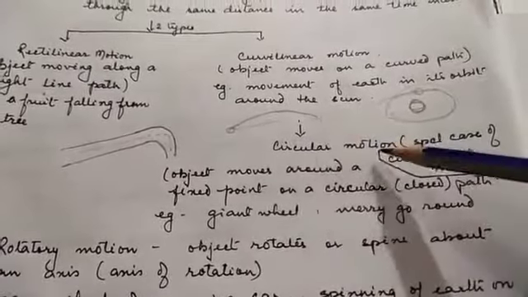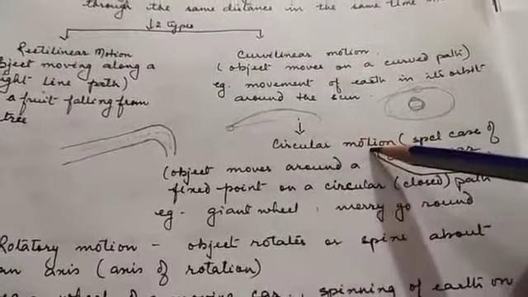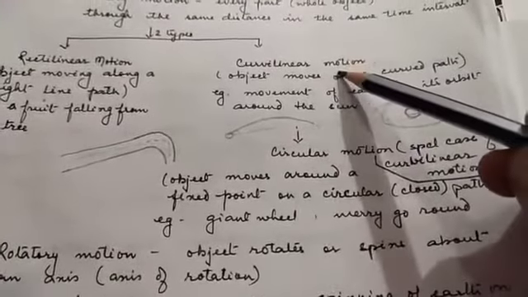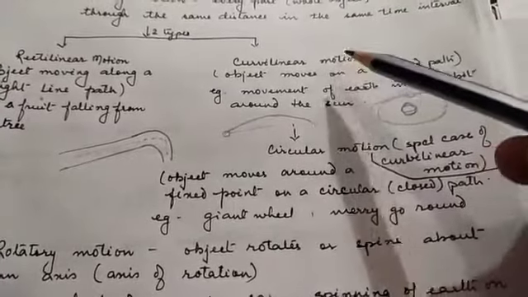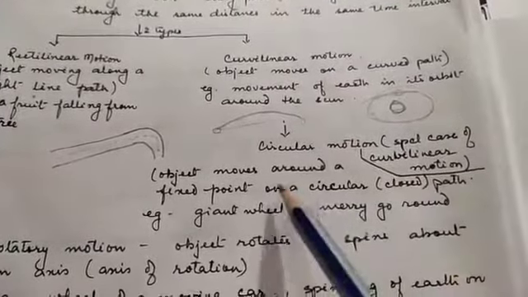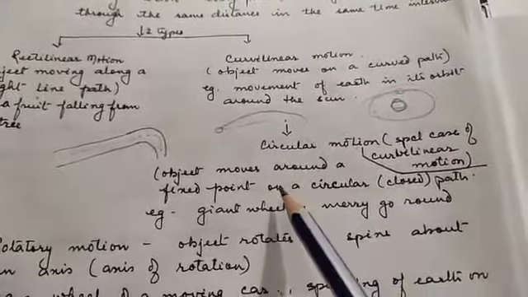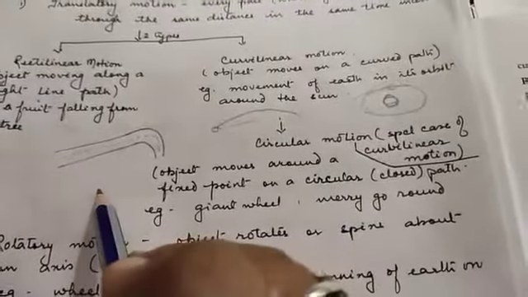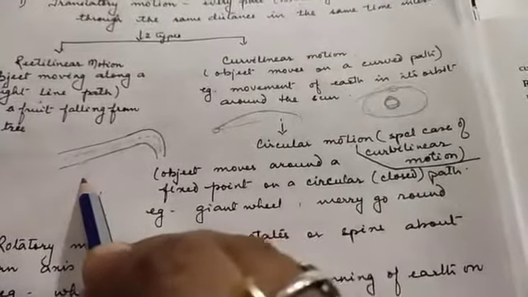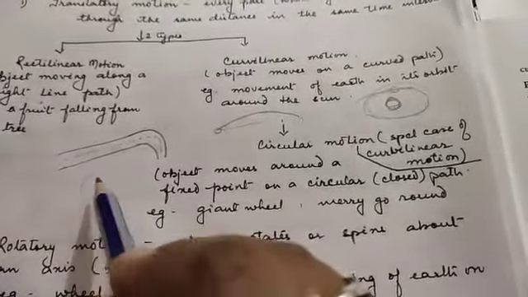Then we have circular motion. This circular motion is a special case of curvilinear motion. How? When the object moves around a fixed point, this is a point and this is the object that is moving in this fixed path.